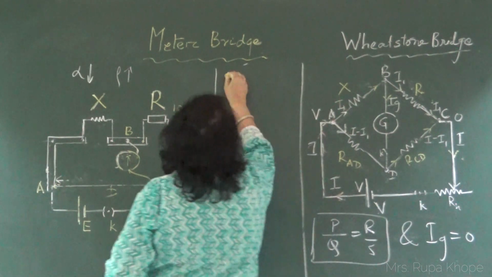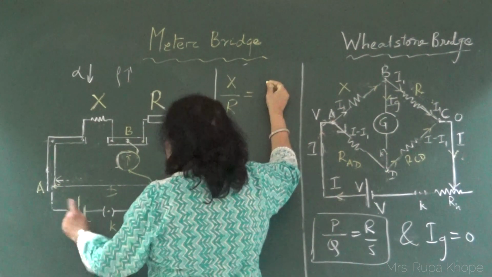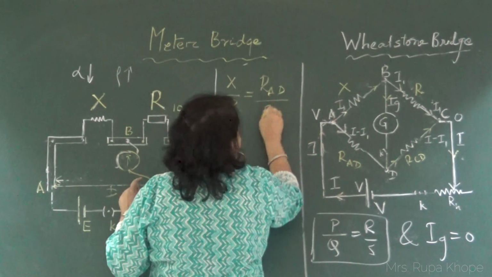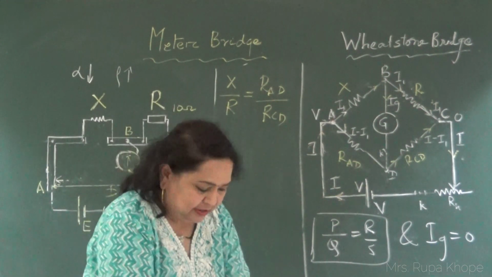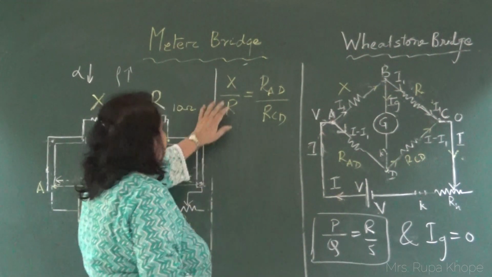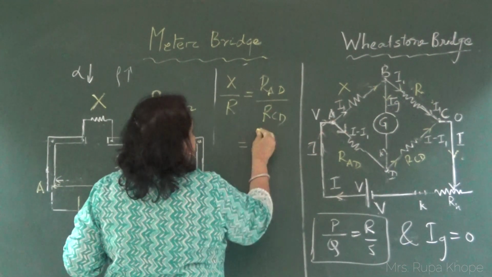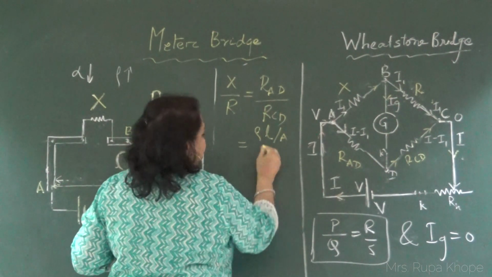From this formula, I have to write X upon R is equal to RAD upon RCD. Let me complete this part first. X upon R is equal to RAD upon RCD. Now, the resistance is rho into length upon area.